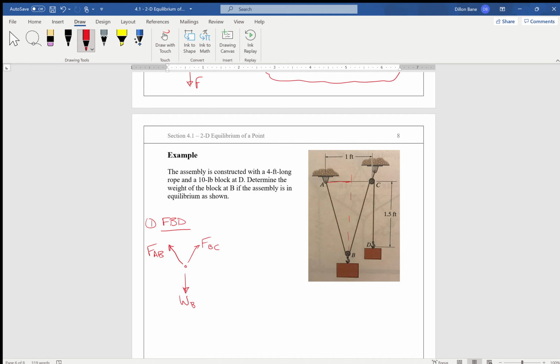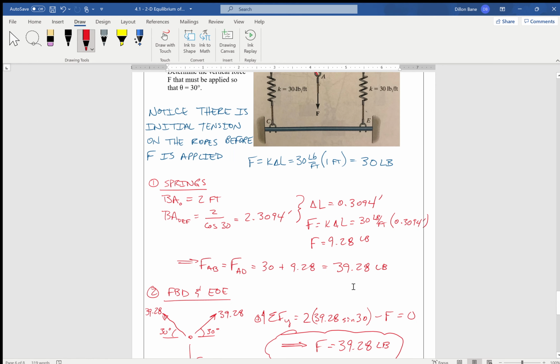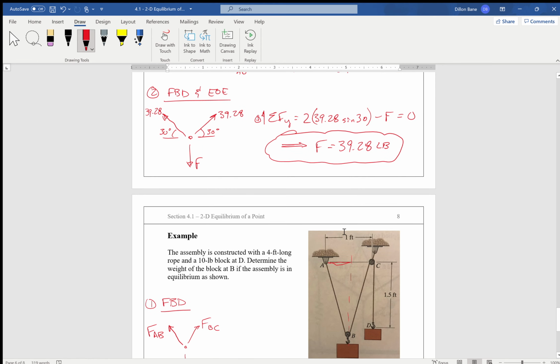This dimension here has got to be 0.5 feet. This is 0.5 feet, and then this dimension has got to be 0.5 feet.